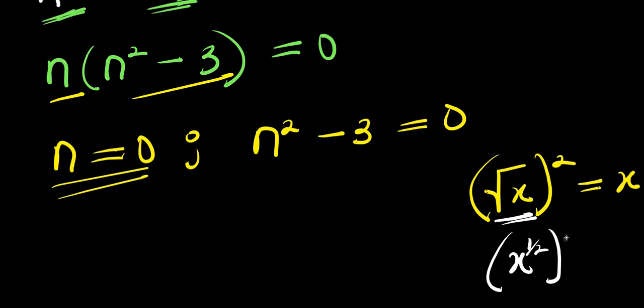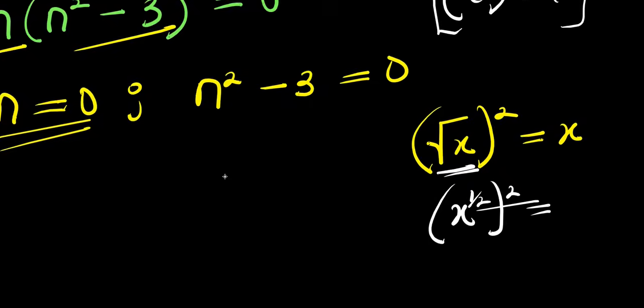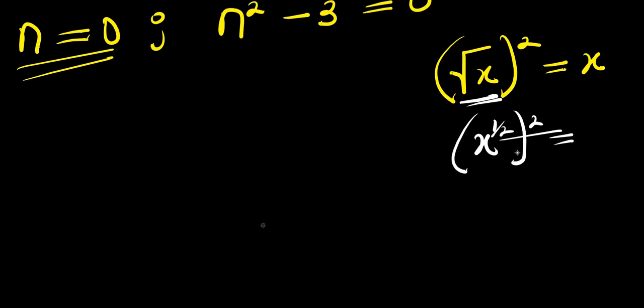And if you raise this to the power of 2, then you remember the identity of a power n raised to the power of m, which equals a power n times m. Considering this identity, you multiply this exponent. Then what you are going to have will be 1 over 2 times 2, which is 2 over 2. This is x power 2 over 2. And this will give you x because 2 over 2 is 1, which is the same thing as x power 1, which is the same thing as x.